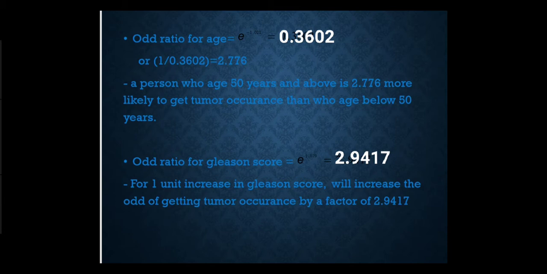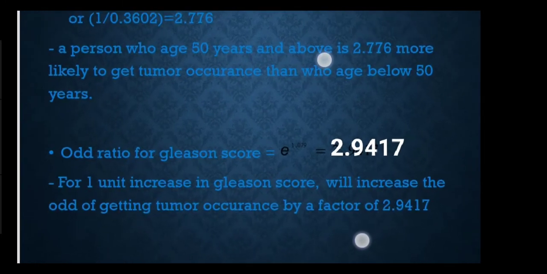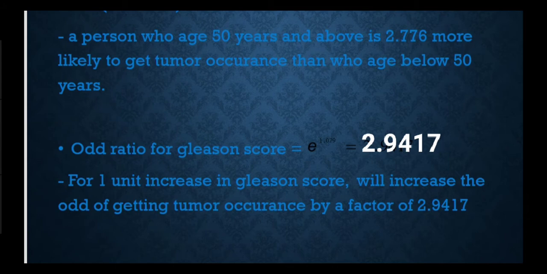Okay, the next one is Gleason score. Gleason score is also a quantitative variable, the continuous scale. So we find the ratio first, e power of the coefficient of the Gleason score. So we will get 2.9417.